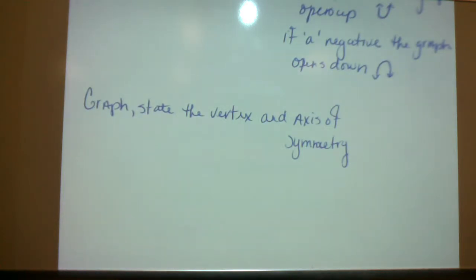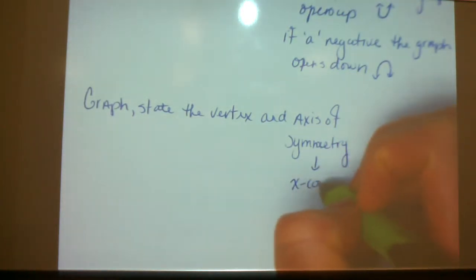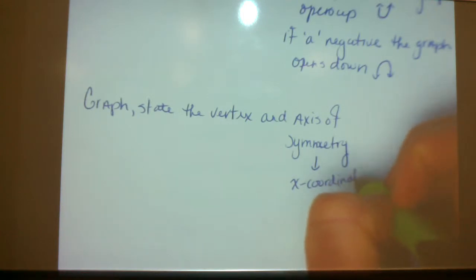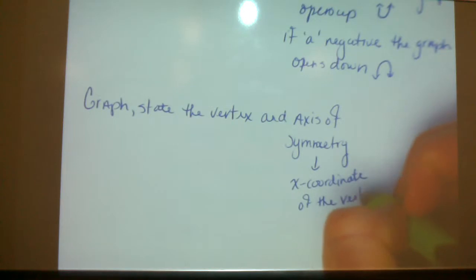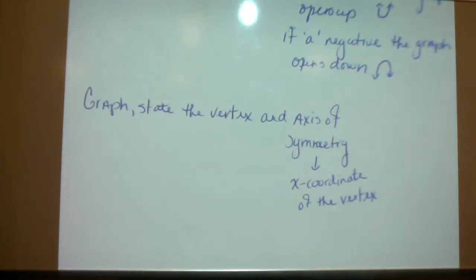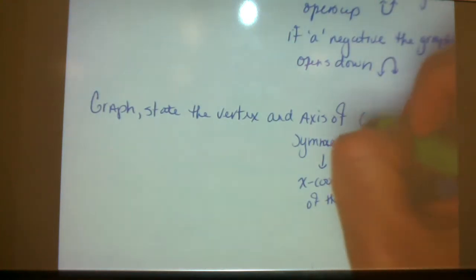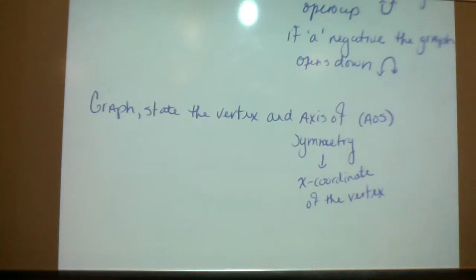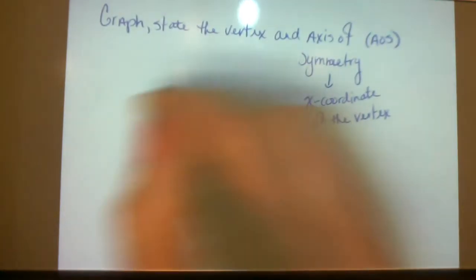It's like a mirror image. So that's what we're kind of looking for. And it's actually the x coordinate of your vertex. So the axis of symmetry is the x coordinate of the vertex. So once you find out what the vertex is, you know what the axis of symmetry is. I usually call this the AOS, axis of symmetry. Okay, so those are the directions.